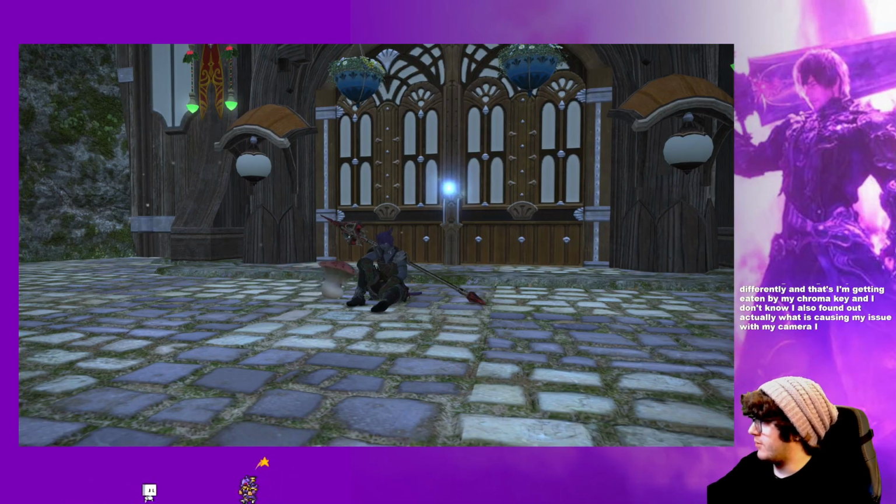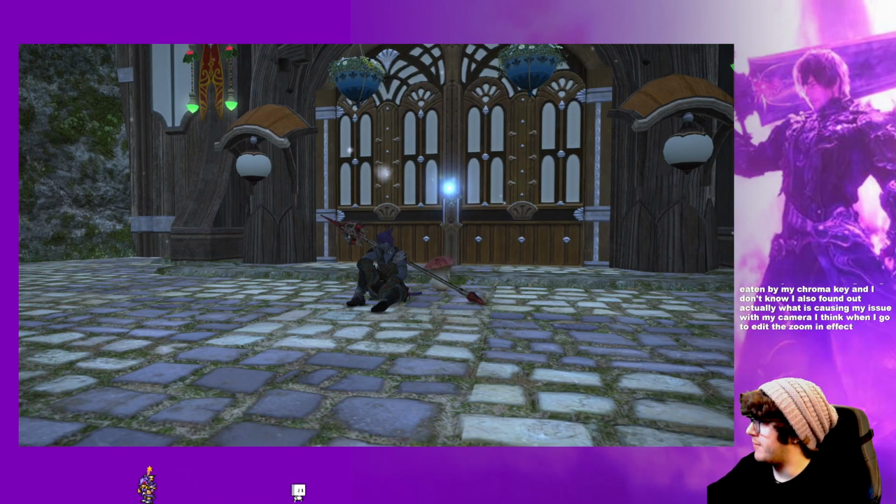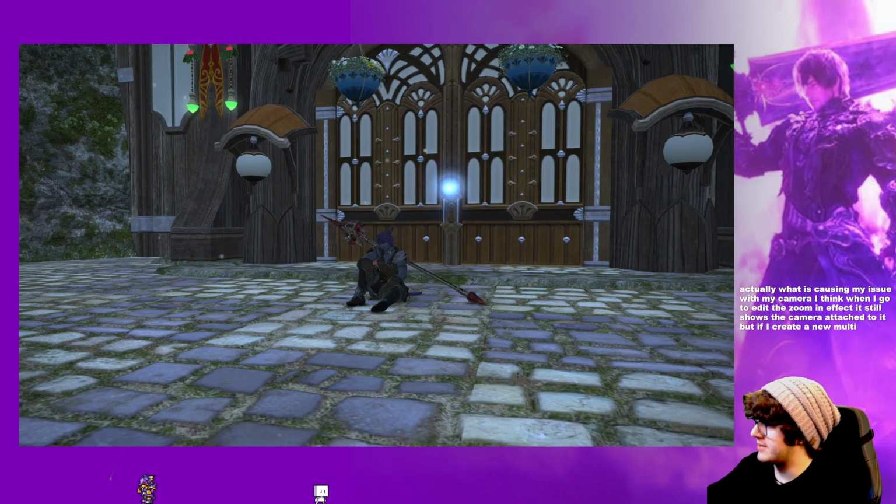I also found out what is causing my issue with my camera. When I go to edit the zoom in effect, it still shows the camera attached to it, but if I create a new multi-action and try to set some zoom settings to it, it doesn't locate this camera.